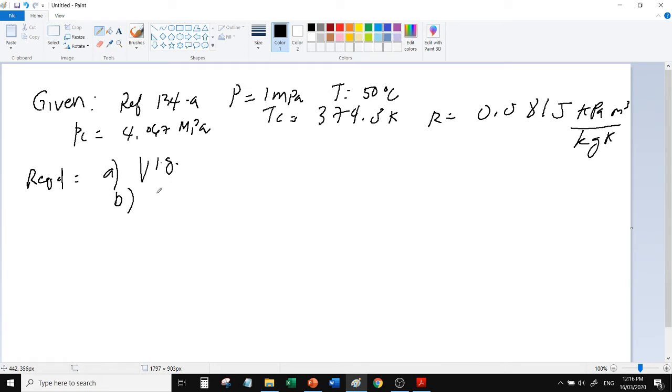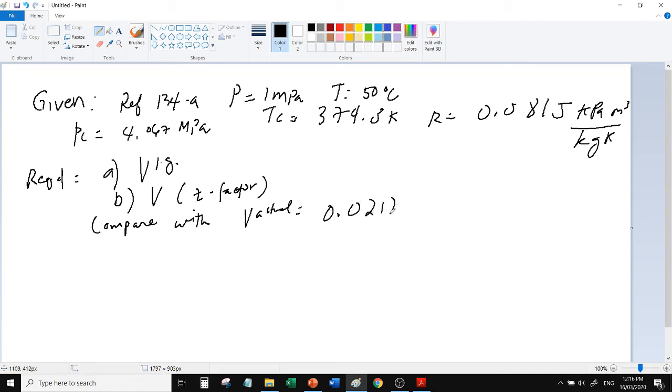And also, the specific volume if based sa compressibility chart. Using the compressibility chart or the Z factor. And we need to compare with the actual na equal to 0.0217 meter cube per kilogram.